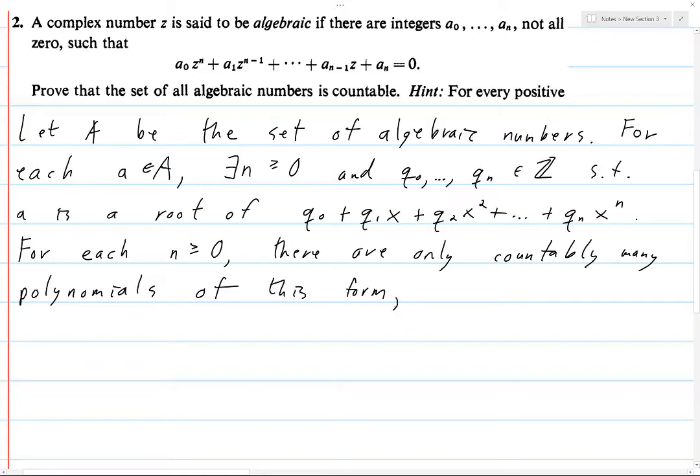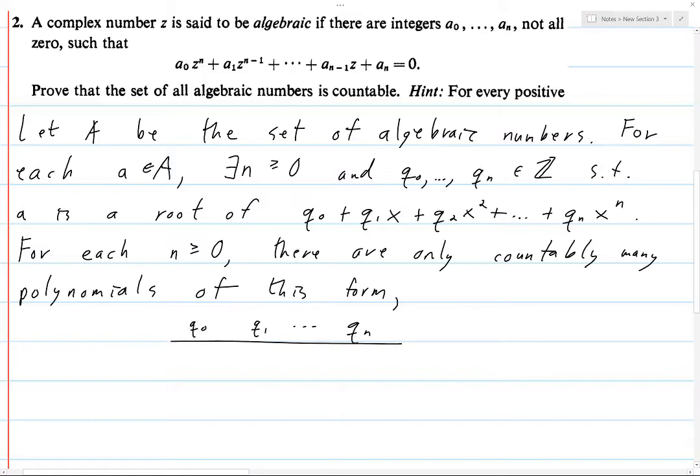That's because each of q0 through qn are chosen from a countable set. So you can list all the elements in each of these sets, and then you can do a diagonalization type argument where you take q0, q1, all the way up through qn. And so you've got a list of all the possible values that these elements can take.